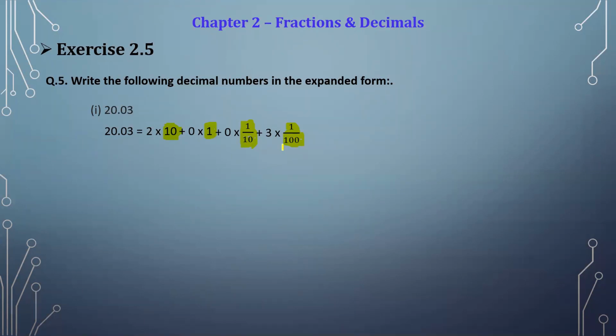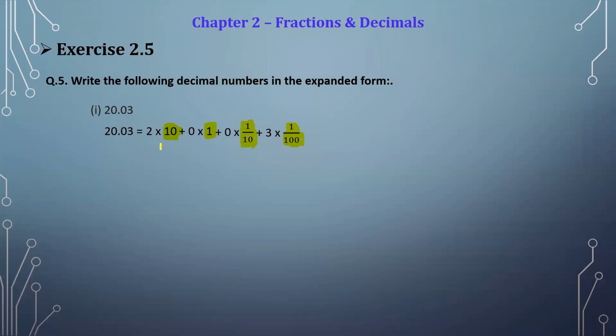So in this way, this is the expanded form of 20.03. Just remember, while writing in expanded form, you have to consider the position of each digit, and you have to multiply each digit by its position, and each next digit is added to the previous one.